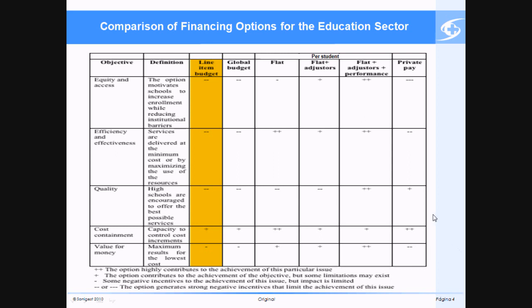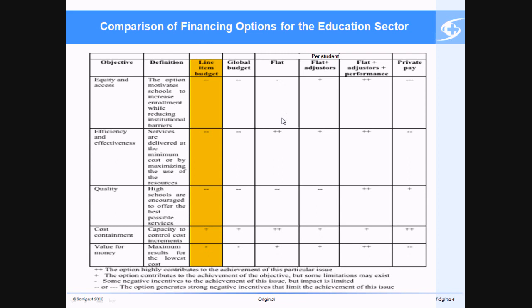If we look at the per-student models, there are several variations of the per-student that are provided here. In the first case, you have a flat per-student model, in which a flat amount is given per student. That model, as you notice, will not encourage equity and access.